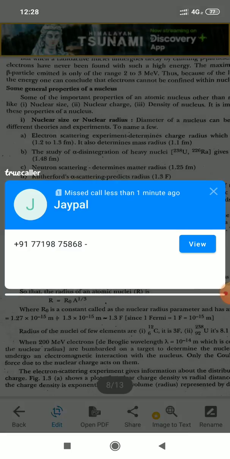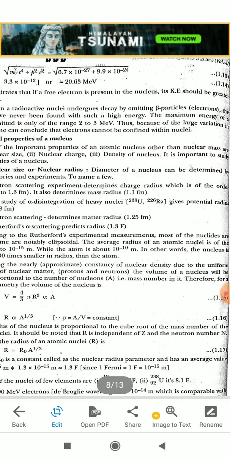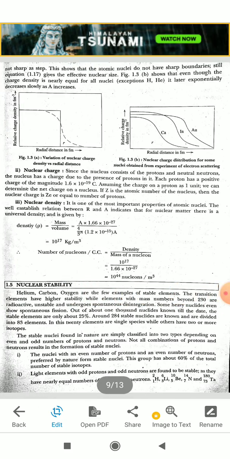After that, we will move to the second part, nuclear stability. We already discussed the graph of the variation of nuclear charge density with radial distance. We can also calculate the nuclear density, mass upon volume, and if we put in all these values, the nuclear density is in the range of 10 to the power 17 kg per meter cube.